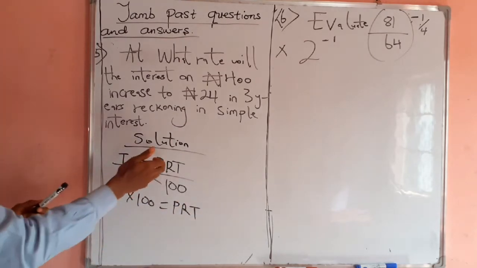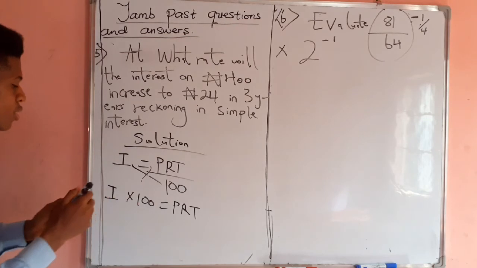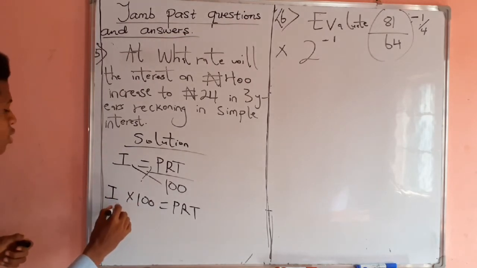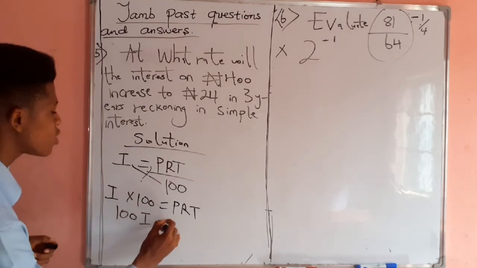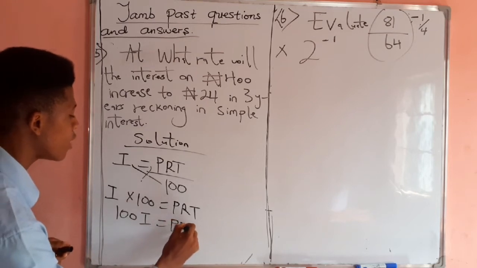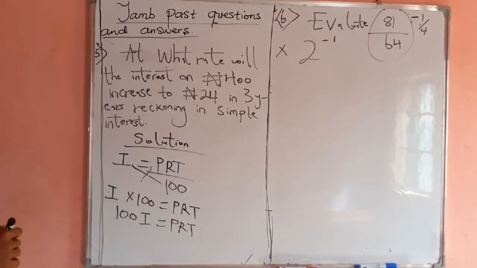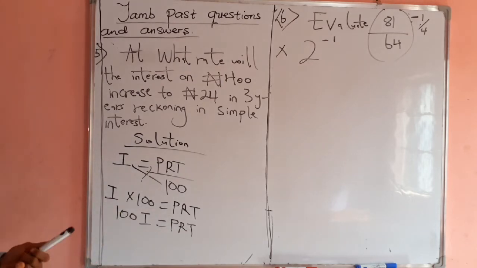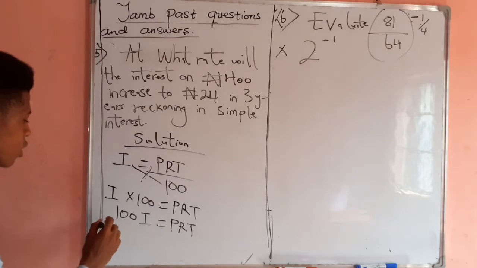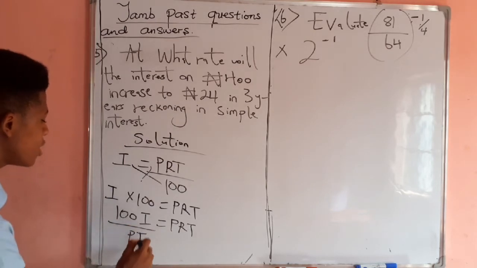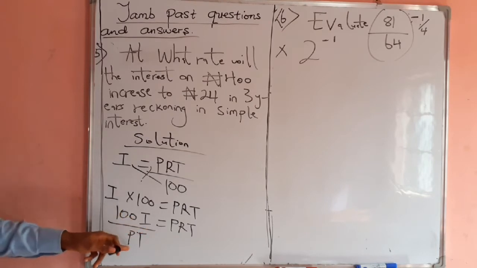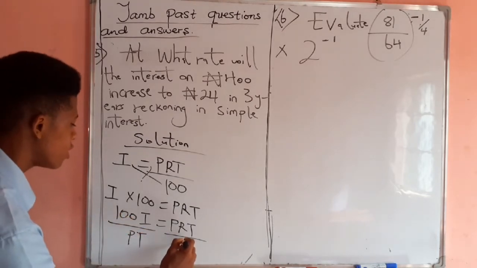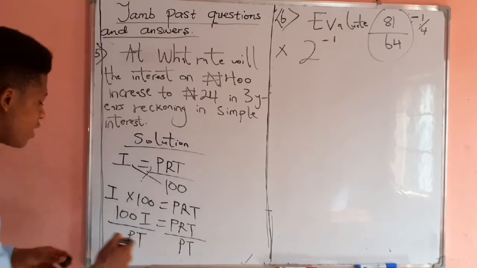PRT. PRT comes over here, and I times 100 comes over here. So 100 I equals PRT. How do we make R the subject of the formula? We divide both sides by PT.